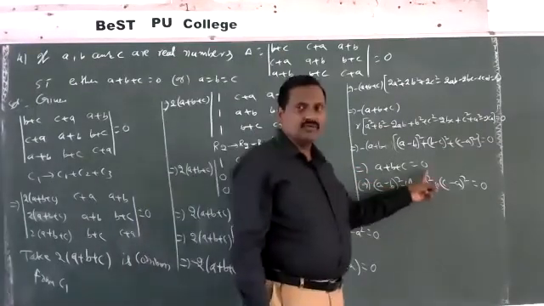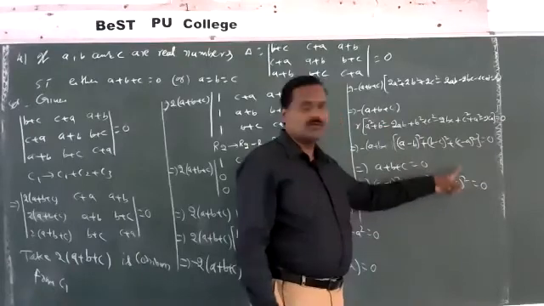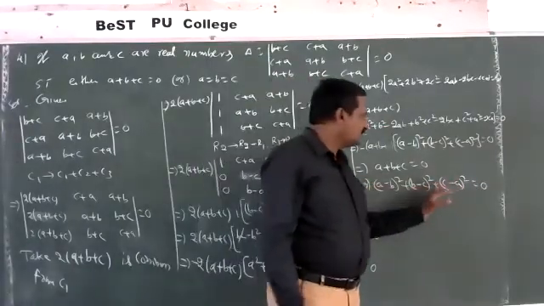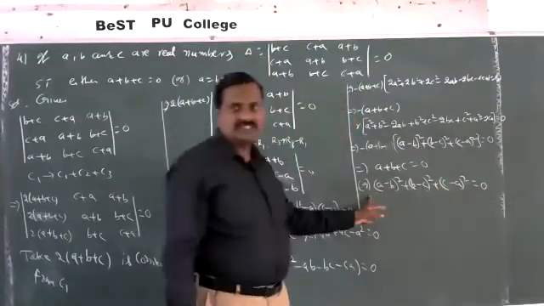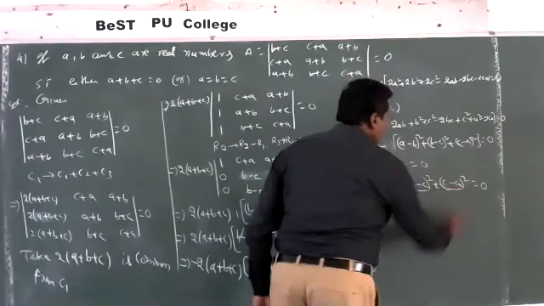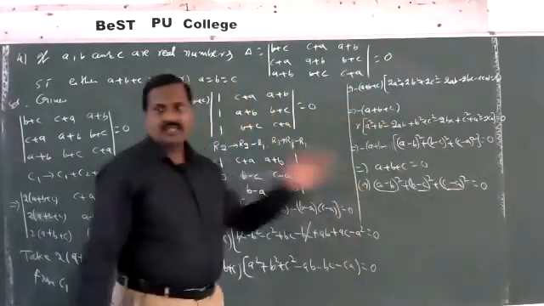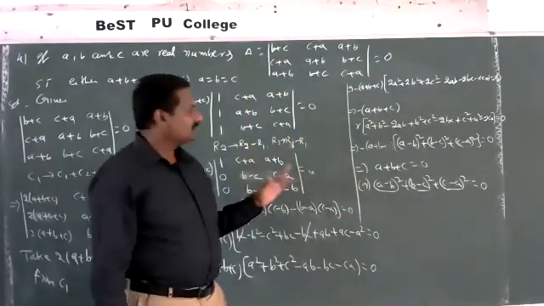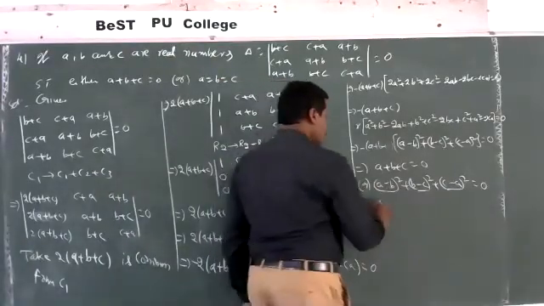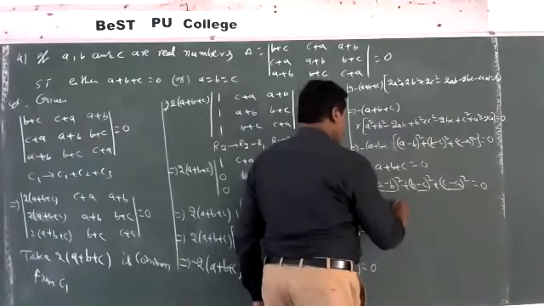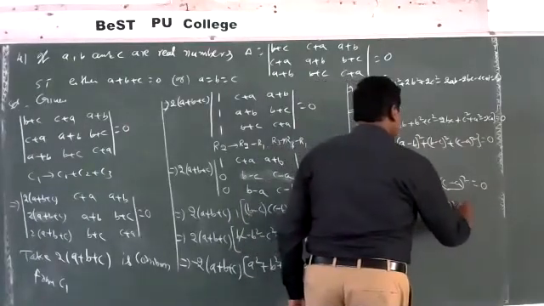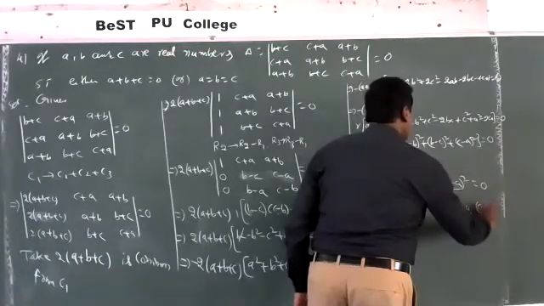The sum of three positive terms is equal to 0 means each term is equal to 0. Then only the sum of squares of three terms becomes 0. This implies (a minus b) whole square is 0, (b minus c) whole square is 0, (c minus a) whole square is 0.